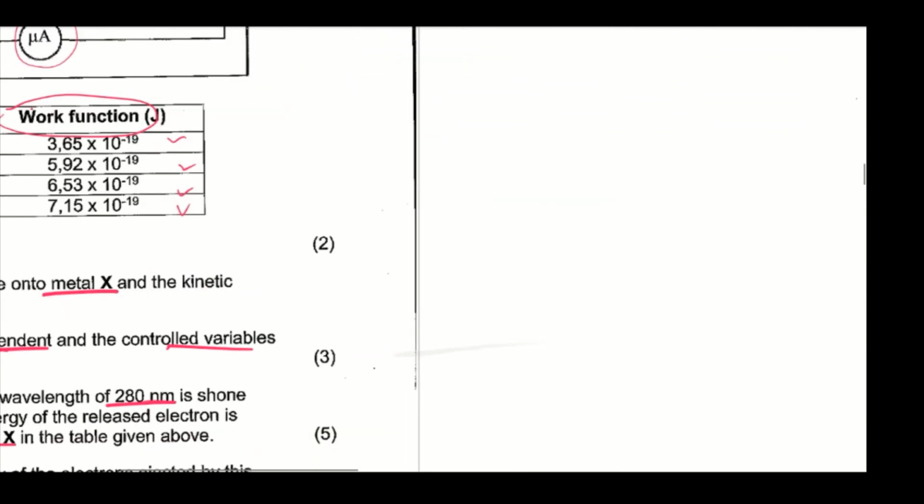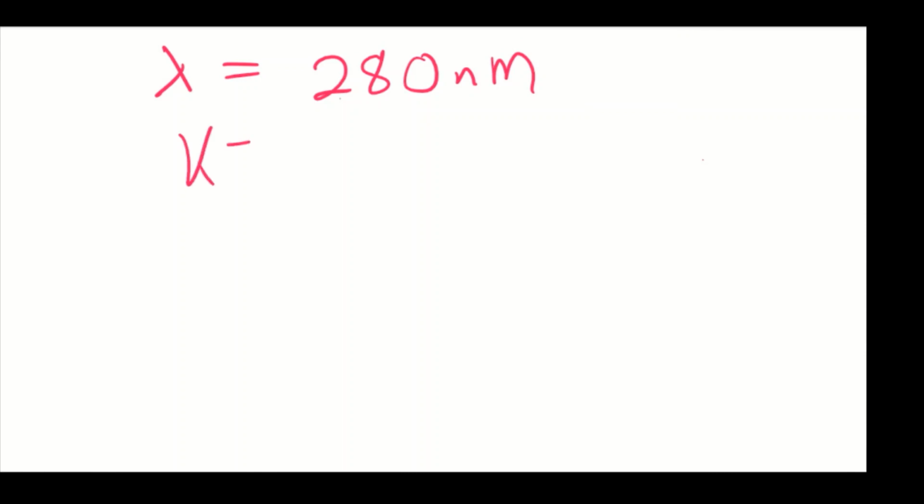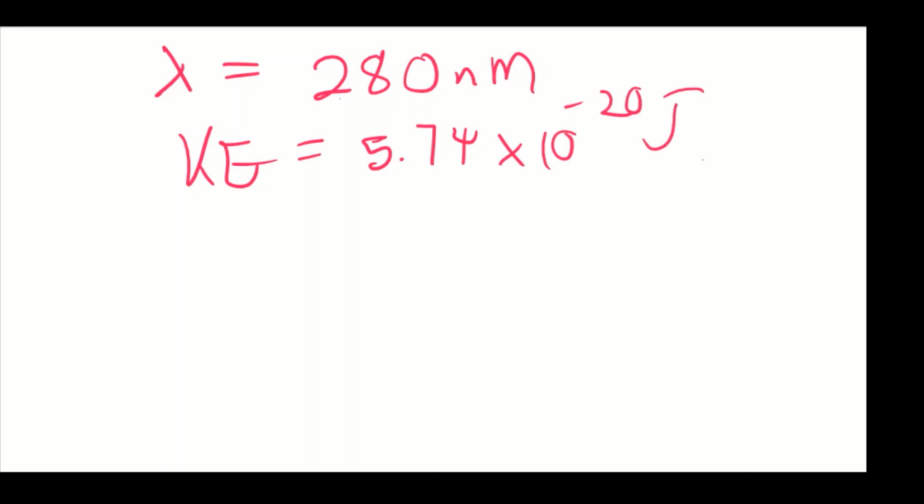So for us to do that, we are going to write down the information given. So we are given lambda of 280 nanometers, right? Lambda, which is wavelength, and we're given the kinetic energy equals 5.74 times 10 to the power of minus 20 joules, right? And we want to identify the work function, right?